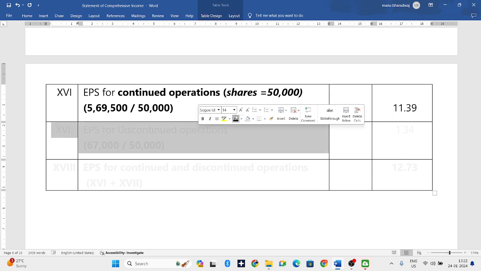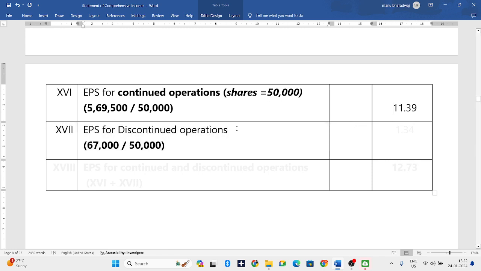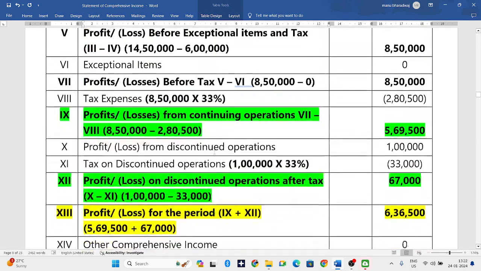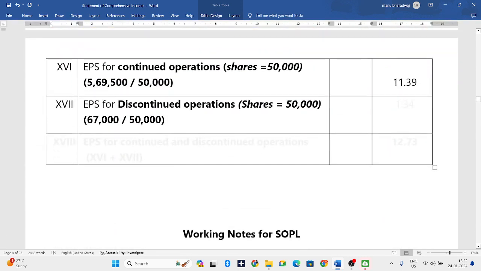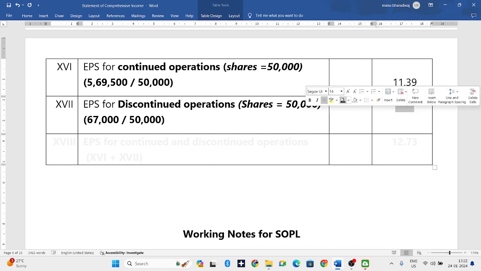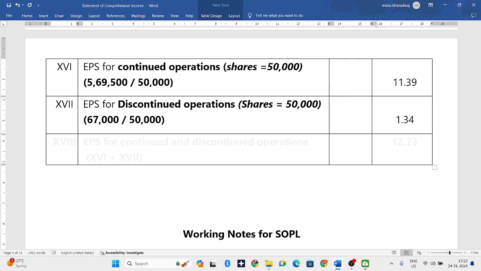After that, the same thing has to be done for discontinued operations. Here also, the number of shares is 50,000. So the company is having 50,000 equity shares. Now we are calculating for discontinued operations. Profit from discontinued operations is 67,000. So you have to divide 67,000 by 50,000. When you divide it, you will get 1.34 rupees as earning per share.